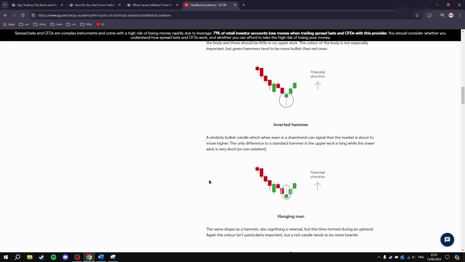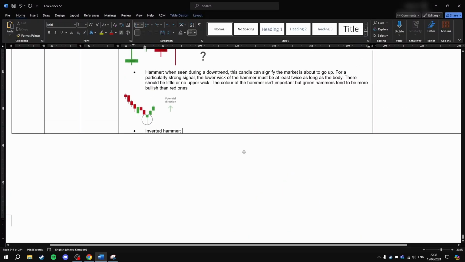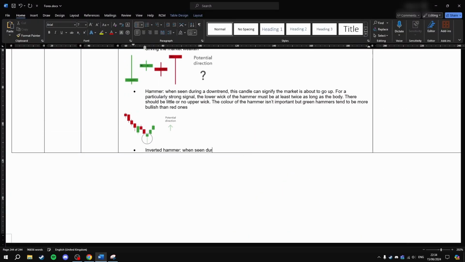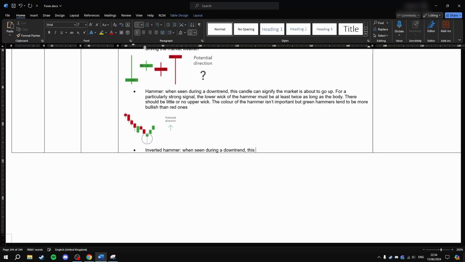Inverted hammer, so they all form after a downtrend, right? When seen during a downtrend, this candle can signify the market is about to go up.